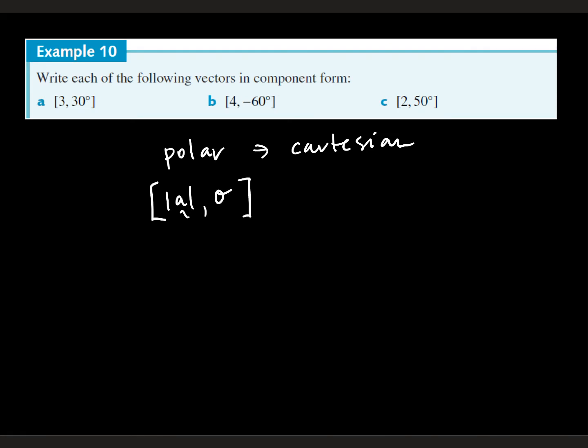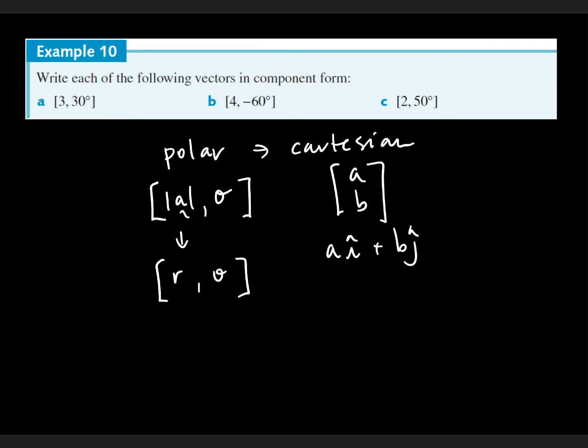Remember we can call that r, the magnitude of it, and the angle. Now Cartesian form can be represented in various ways. It can be like that, or it can be ai plus bj. And sometimes it's even written like that there. Now Cartesian form is also known as component form.